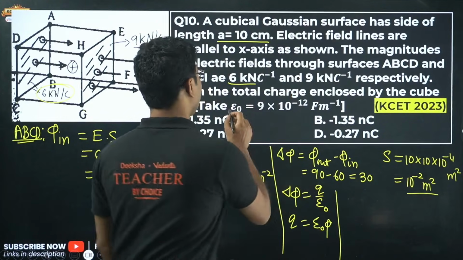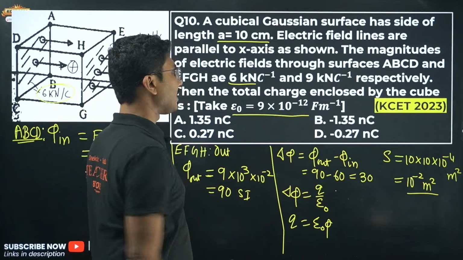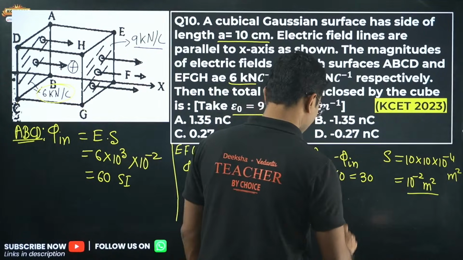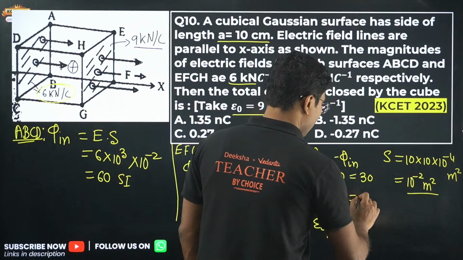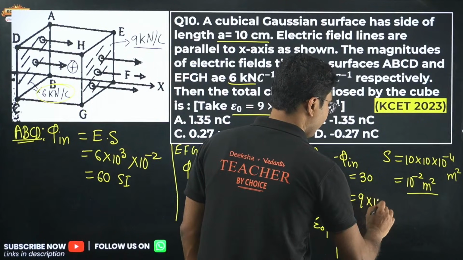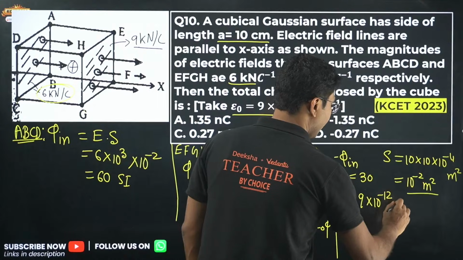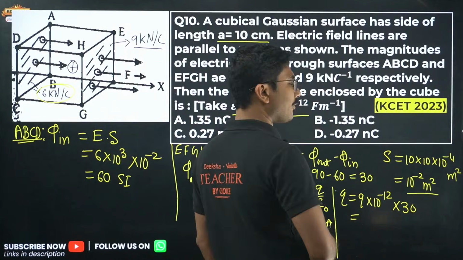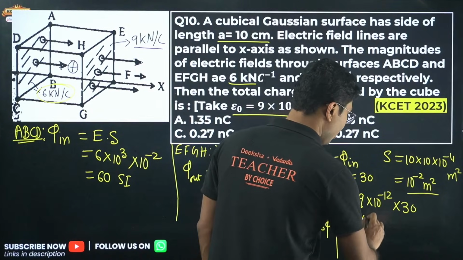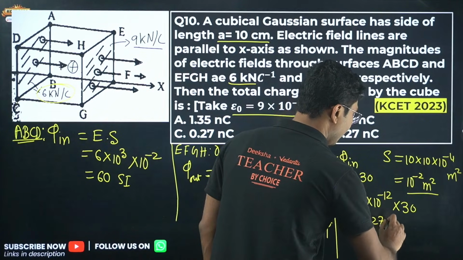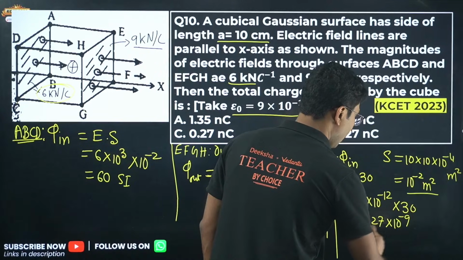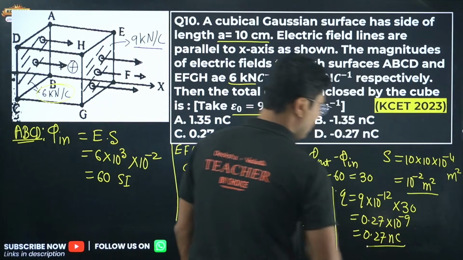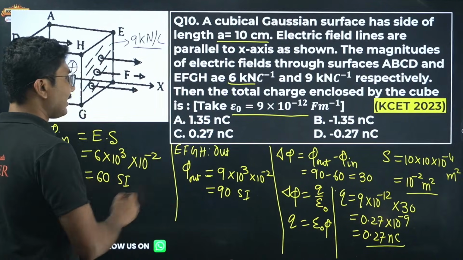In the question, epsilon naught's value is specifically mentioned as 9 into 10 to the power of minus 12, so we will use that value. So Q equals 9 into 10 to the power of minus 12 into 30. That is 270 into 10 to the power of minus 12, or 0.27 into 10 to the power of minus 9, or 0.27 nanocoulomb.